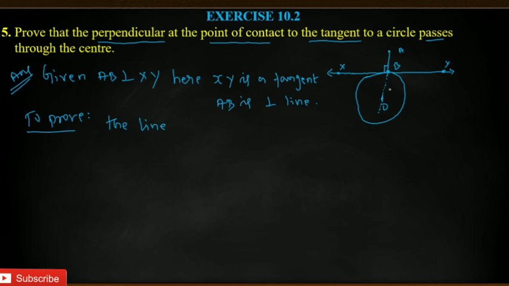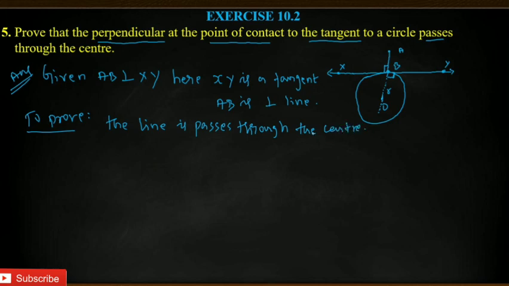But center O to B is a radius, we know very well. Radius in the sense always it will make 90 with the tangent, that we never forget. So the line passes through the center.